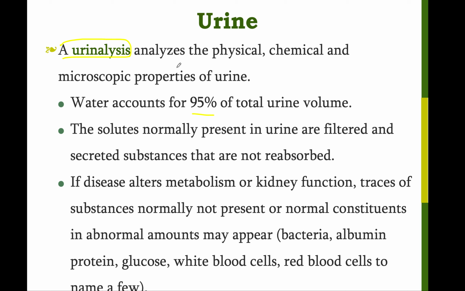Urinalysis analyzes the physical, chemical and microscopic properties of urine, and this is what we saw in the lab part at the urinalysis. So these solids, where do they come from? They are either filtered or secreted at the end.